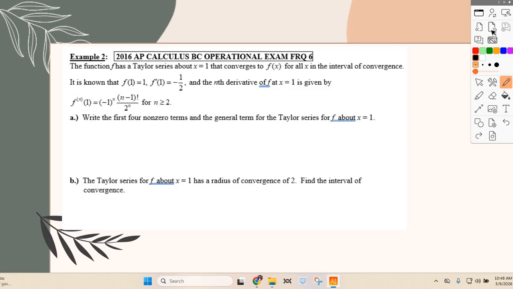So, this says the function has a Taylor series about x equals 1 that converges to f of x for all x in the interval of convergence. It is known that f of 1 equals 1, f prime of 1 equals negative 1/2, and the nth derivative of f at x equals 1 is given by f to the n of 1 equals negative 1 to the n times n minus 1 factorial divided by 2 to the n for all n greater than or equal to 2.